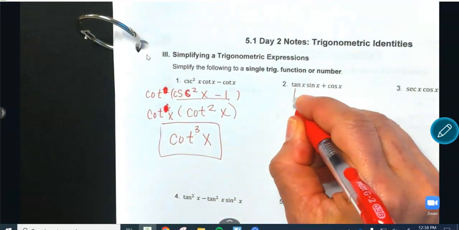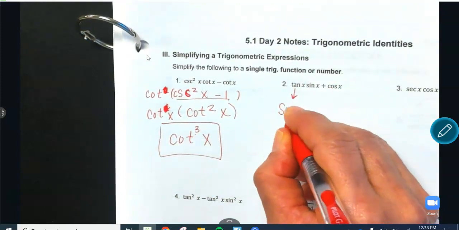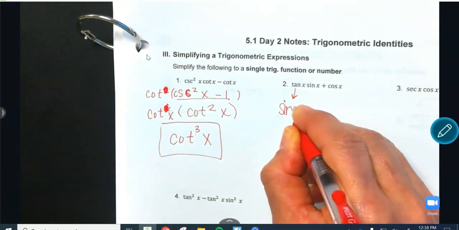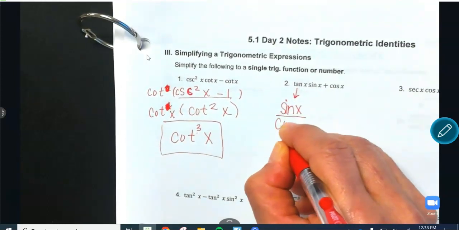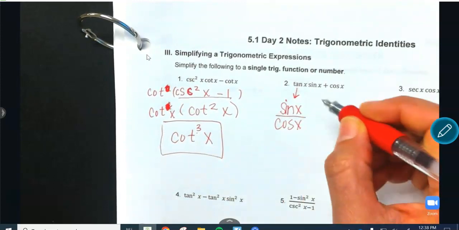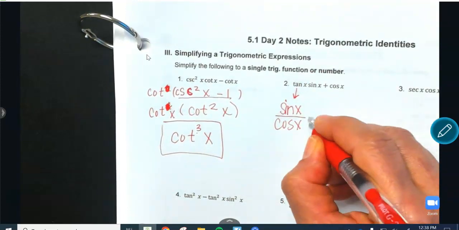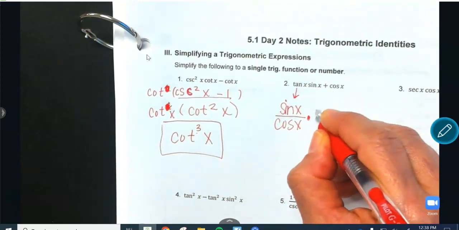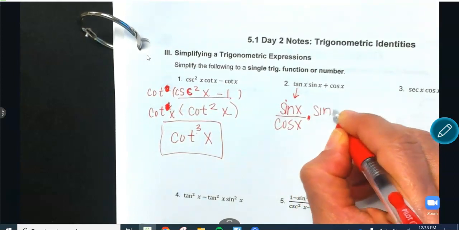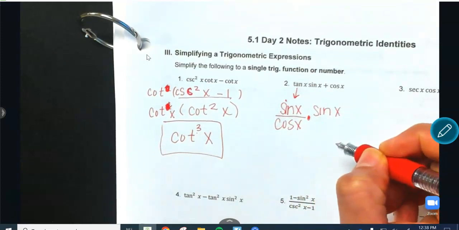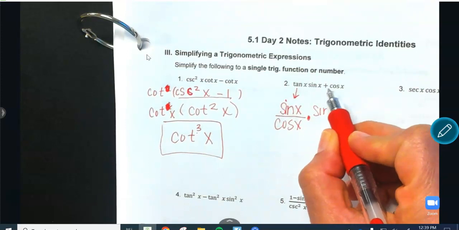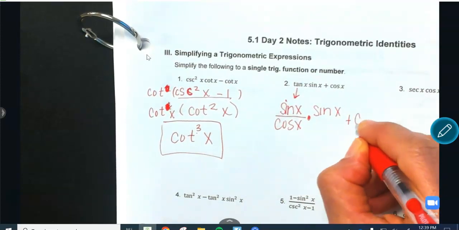What is tangent? So let's write sine of x over cosine of x. Okay, that was tangent. Remember, tangent was multiplied by sine x, so bring that down. Bring down the rest of the problem, write plus cosine x.